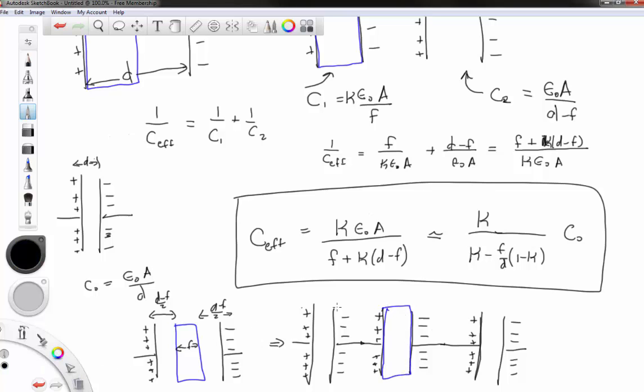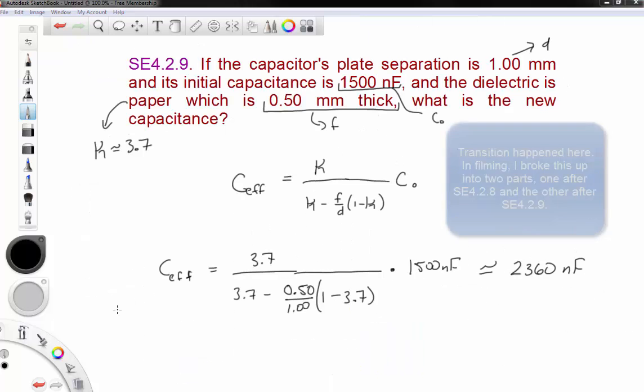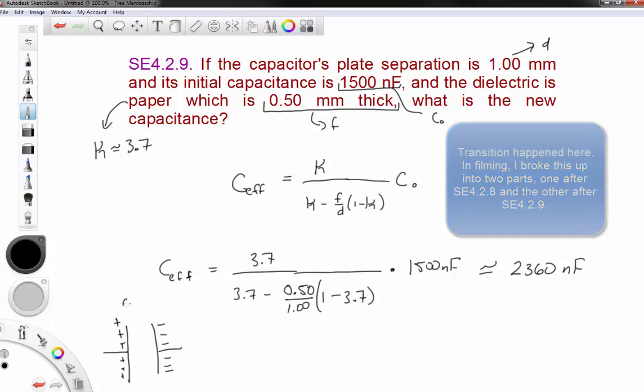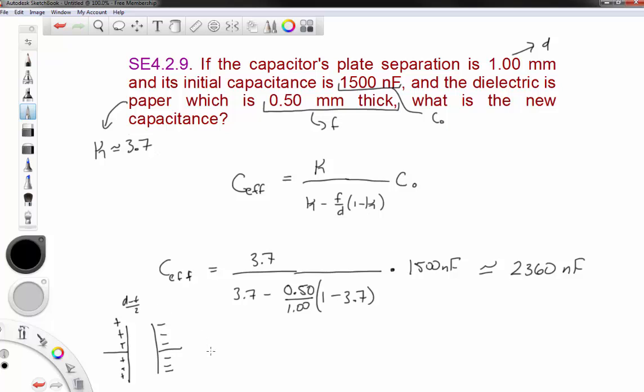And so you end up with, if this is C1, here's C2, here's C3, 1 over C effective is 1 over C1 plus 1 over C2 plus 1 over C3. You'll notice that the values of the three capacitors that are created here, plus, this one has a capacitance because it's D minus F over 2.